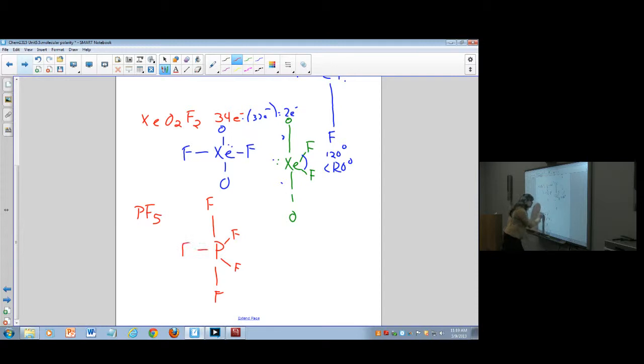Now each one, the electron geometry is equal to the molecular geometry. All the outer atoms are the same, and so this ends up being non-polar.